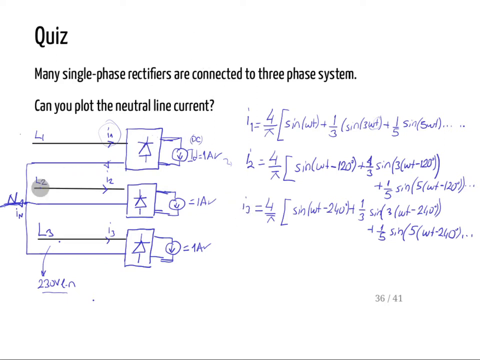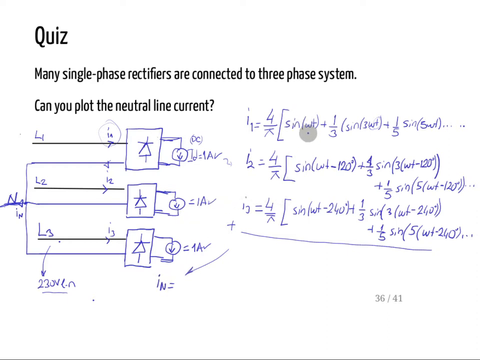So if I would like to calculate neutral current, I will add all those together, right? I will have all those together, which will give us the neutral current, right?